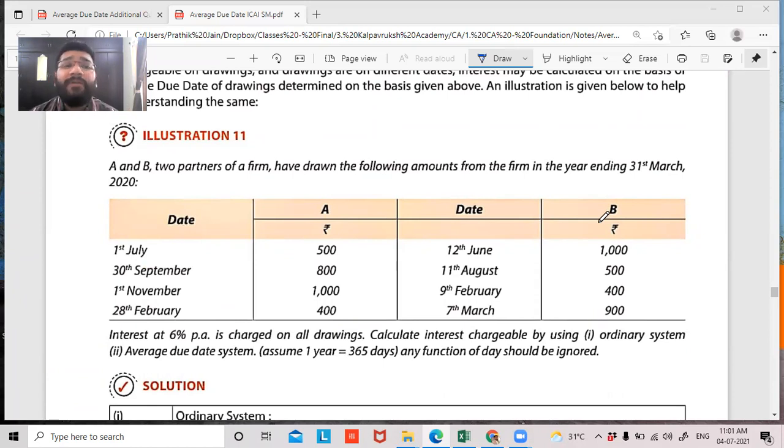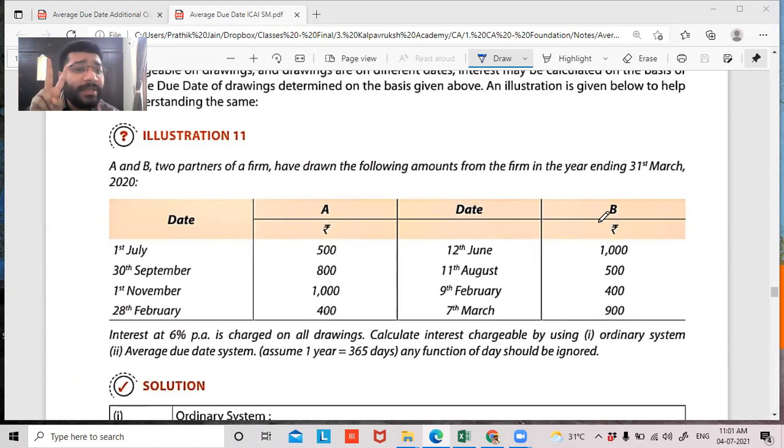So guys, we use the average period method when the date of drawings, that is the frequency and the date of drawing, plus the amount should be uniform, right? If you're drawing, let's say, monthly, on the first of every month, which means the date is the same and the time gap between 2 months is also the same. So these two conditions have to be satisfied with regard to the month, and the amount also has to be uniform. If we are drawing 1,000 rupees every month, it has to be 1,000.